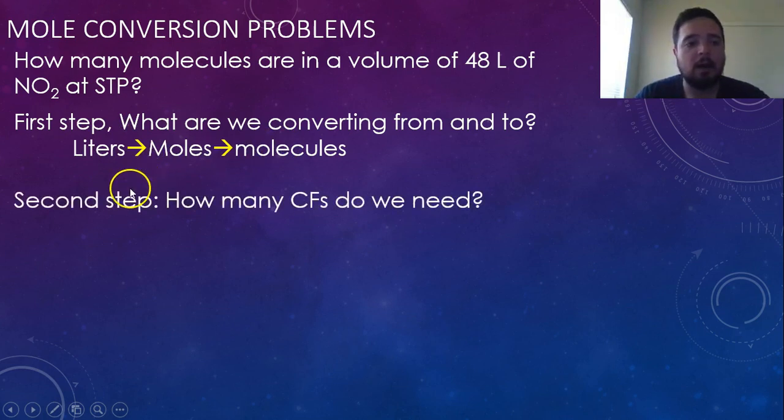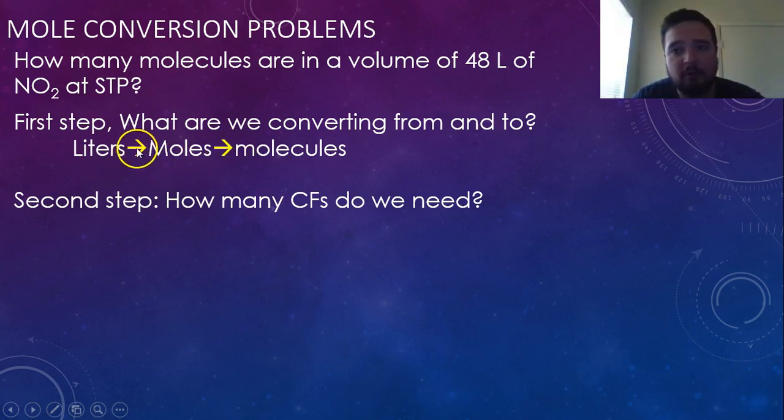The second step, you have to ask yourself, how many CFs, or conversion factors, will I need? The way I do this is that these arrows are important, because every arrow you have is equivalent to a conversion factor that you need. So depending on the number of arrows in this little map that I set up, I have 2 conversion factors that I need.